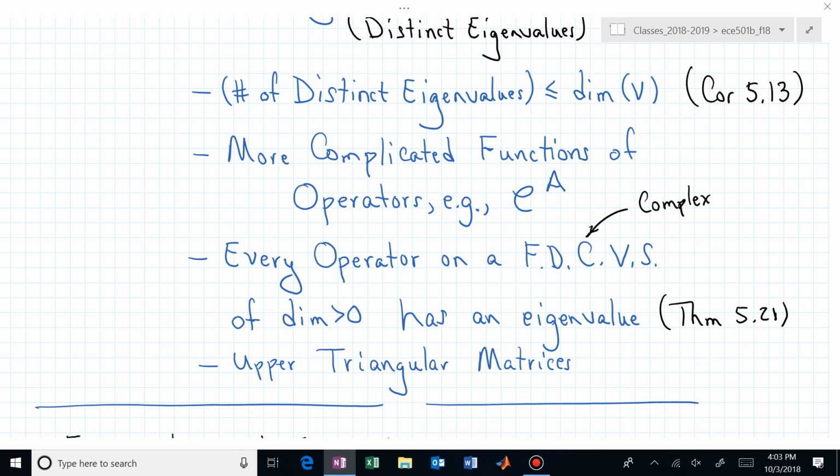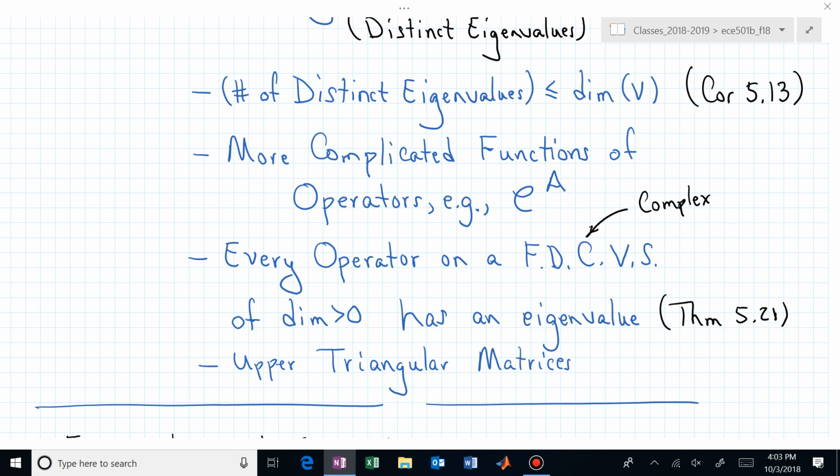But there is a constraint on an operator having an eigenvalue. It needs to be a finite dimensional complex vector space in order for us to have the possibility of having an eigenvalue for an operator on a 1-by-1 space, or in a 2-by-2 space.